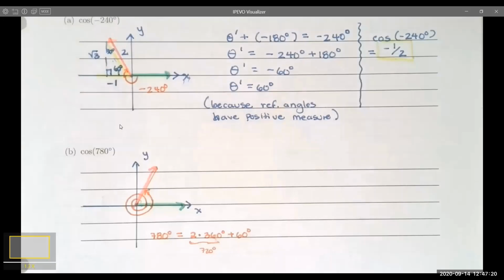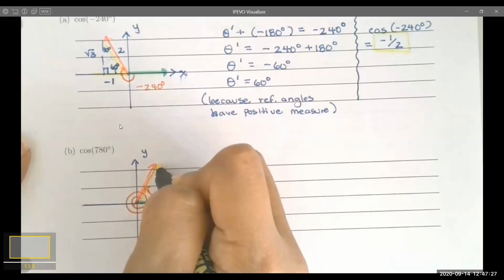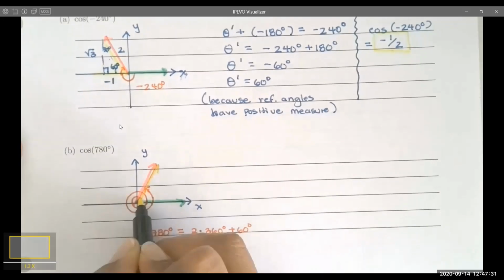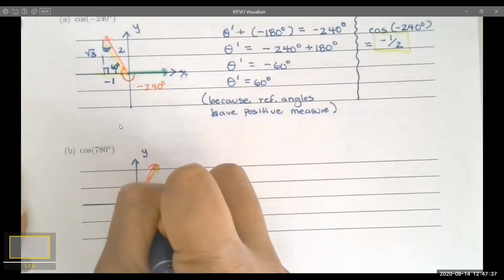So now to find the reference angle. Reference angle will be between terminal side and the side of the x-axis that makes an acute angle. So that would be down here. So that's going to be our reference angle.